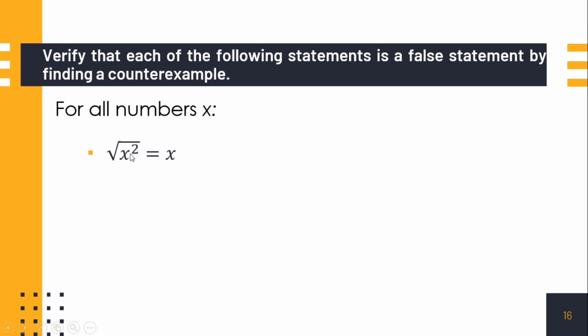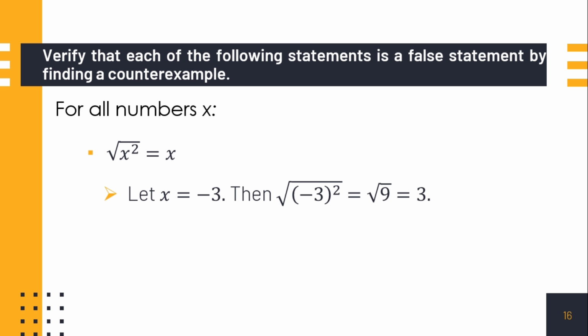Next: the square root of x squared is equal to x. Let's find a counterexample. Let x be equal to negative 3. Then the square root of negative 3 squared: we substitute our value of x. Negative 3 squared is 9. The square root of 9 is 3.